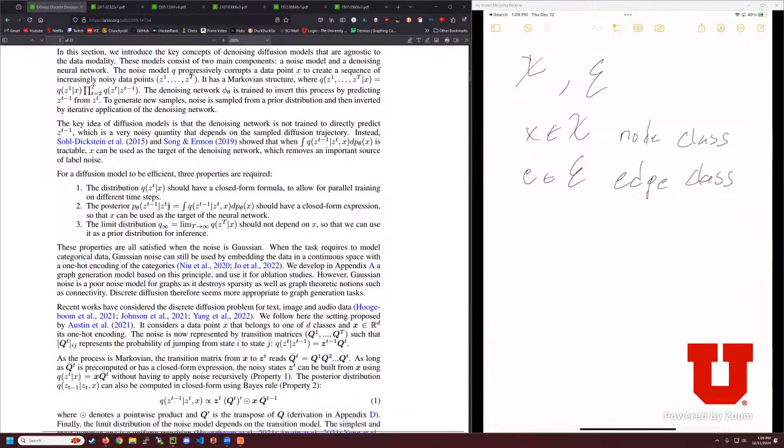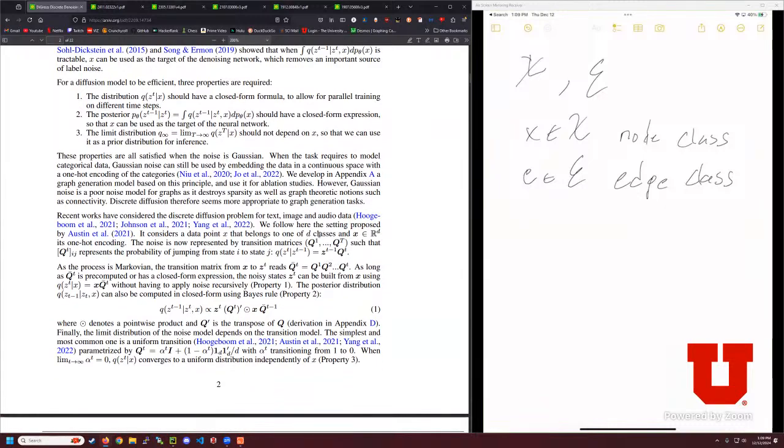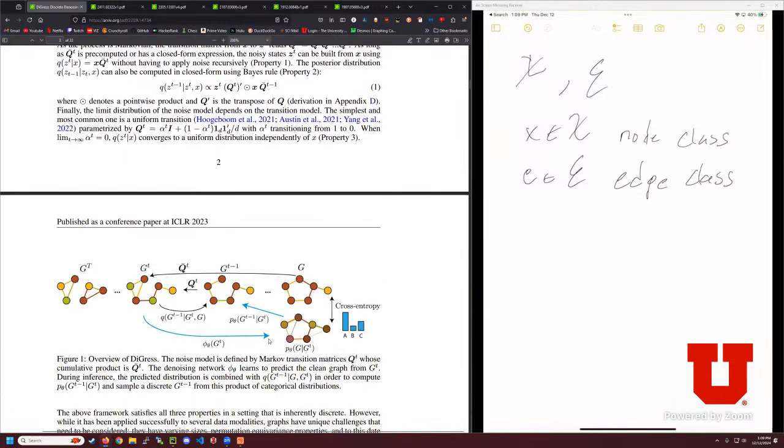The key trick here is that they represent the noise as a transition matrix, which I think it goes into later. Basically, they use a transition matrix to show that you can start from one graph and slowly transition using this Q function forward in time. So they've declared that you're going to have a random graph at time t. It's going to be completely random.